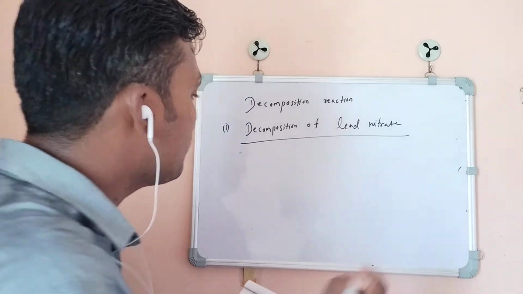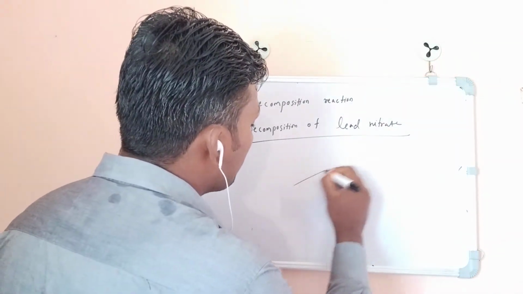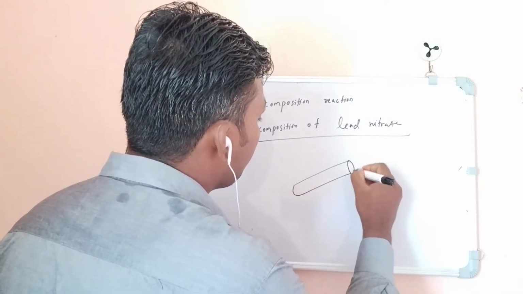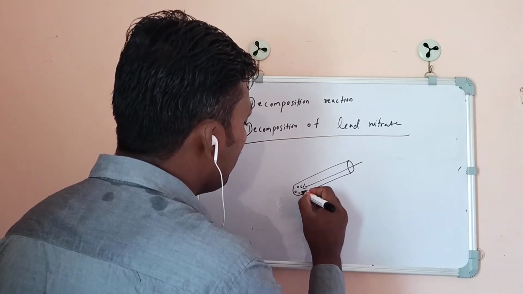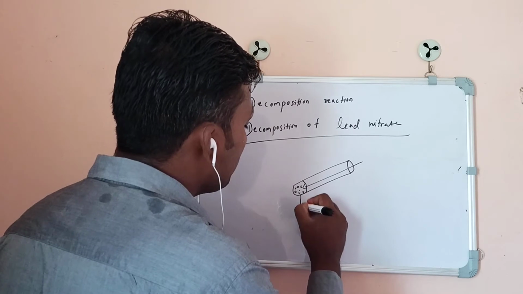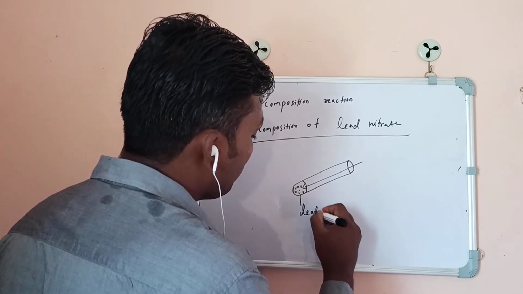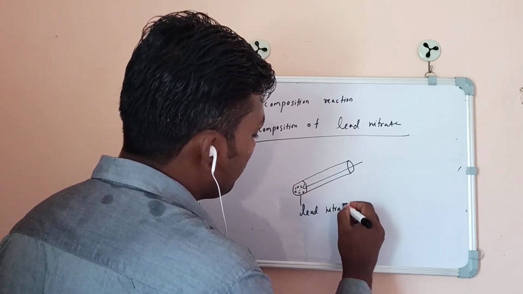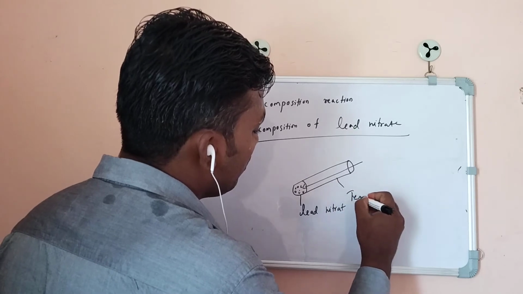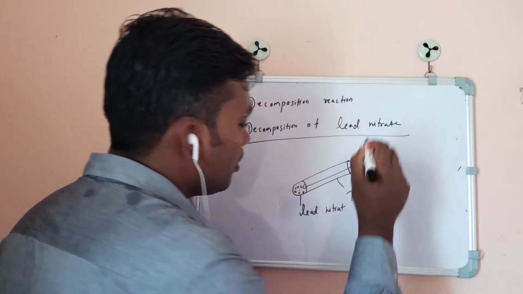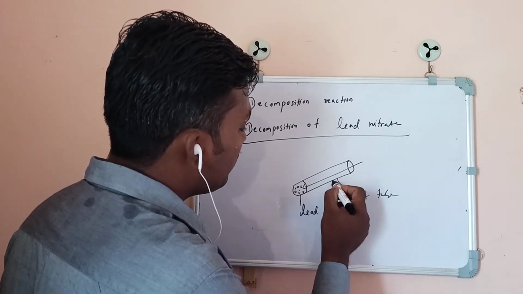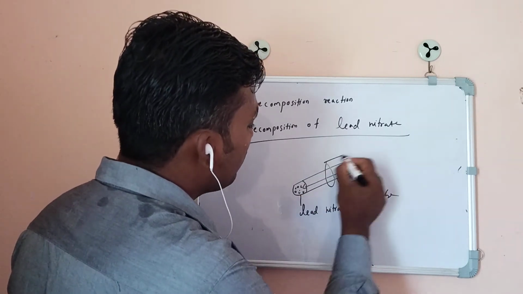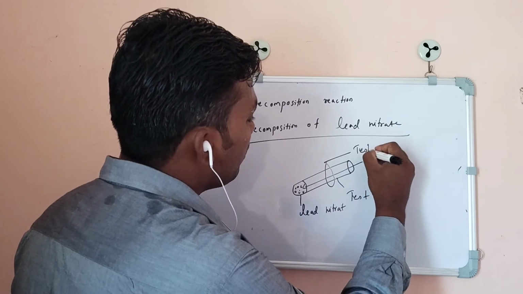What you need to do is, first take a small test tube and add lead nitrate. Here you are placing lead nitrate in the test tube. Then you can hold this test tube using a test tube holder.